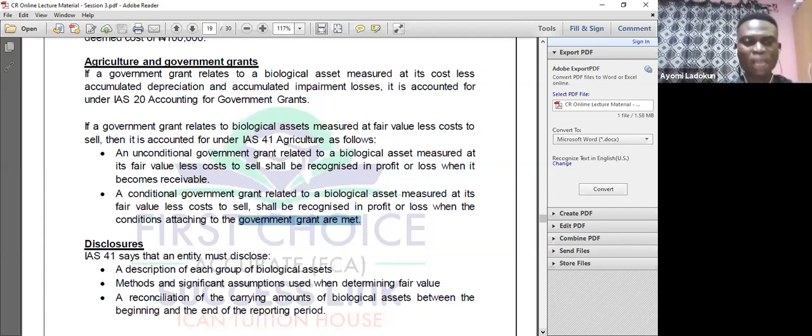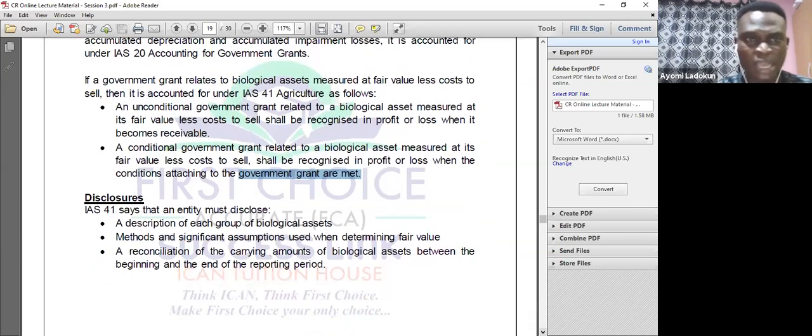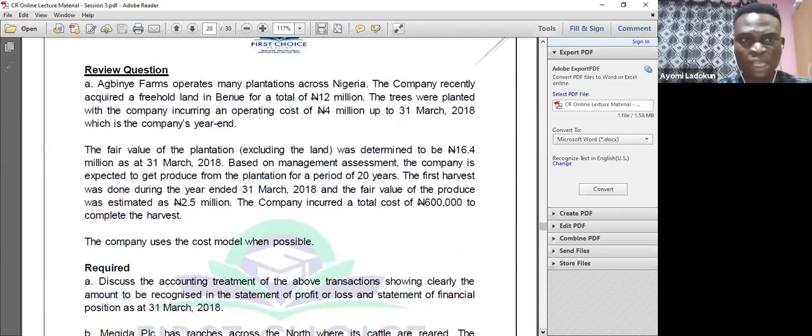agriculture. Okay, so that brings us to the end of IAS 41. As simple as that. Don't forget, we said IAS 41 applies to biological assets and agricultural produce. And a biological asset is a living plant or animal. Before you can recognize a biological asset, three conditions must be met.